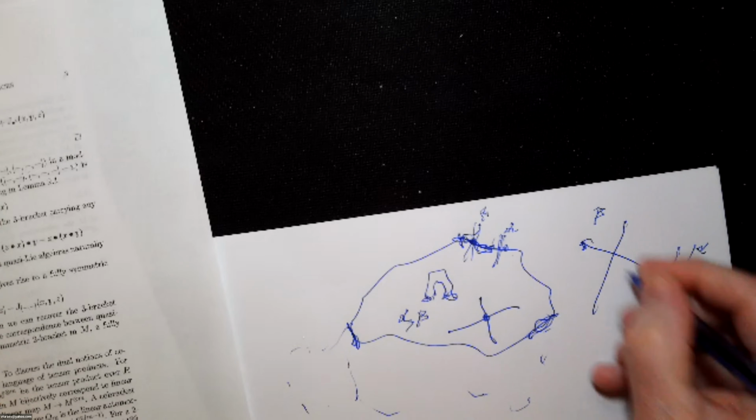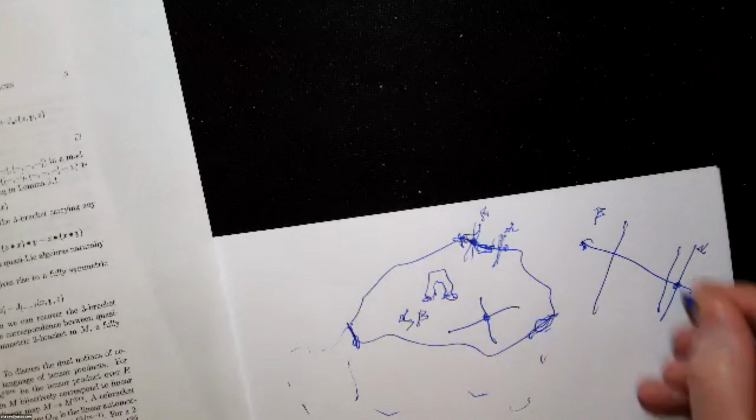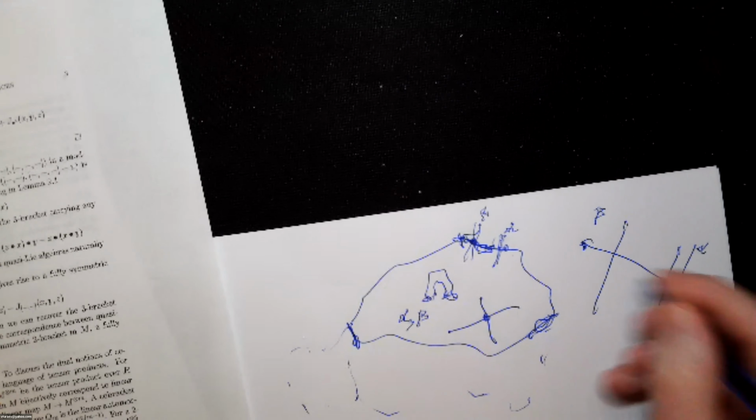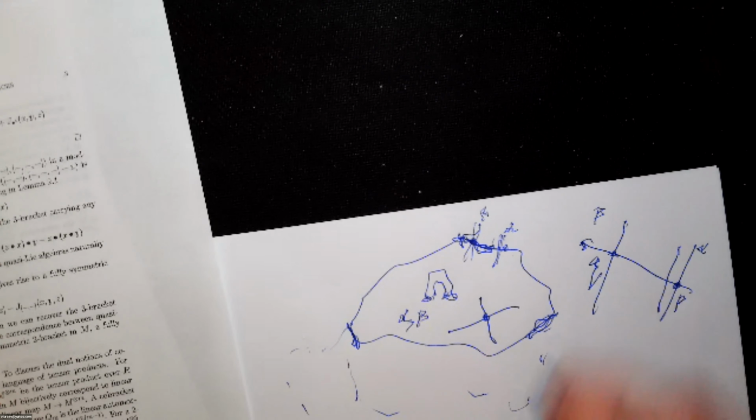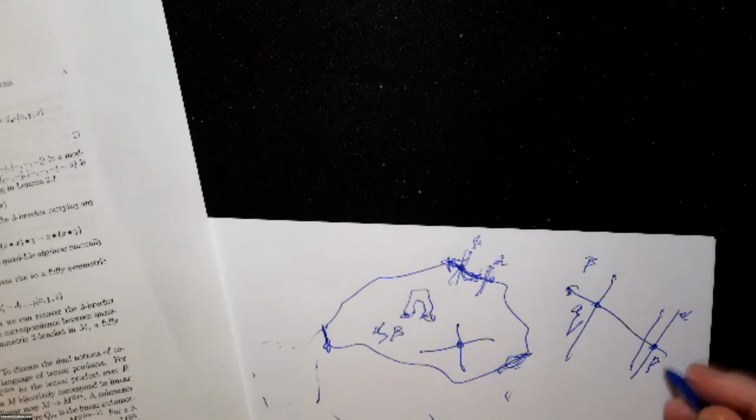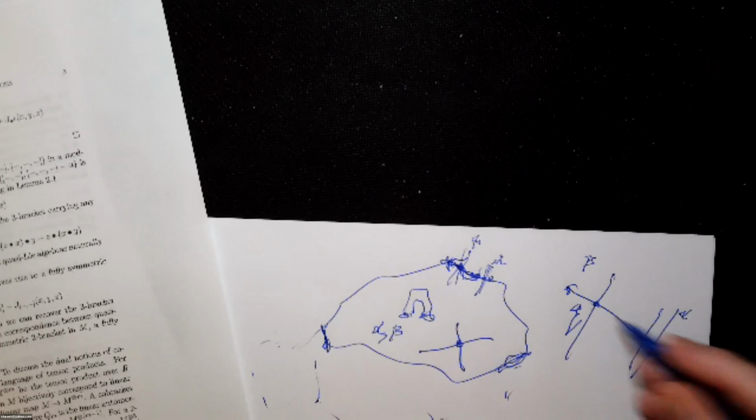There may be several, of course. We take one point here, P, one point here, Q, and we form the product of the loops, alpha and beta, at these two points.